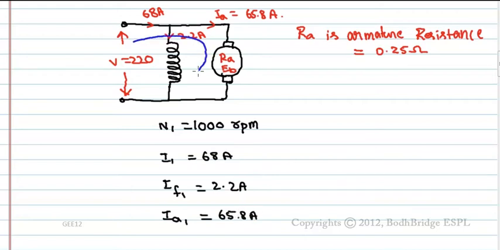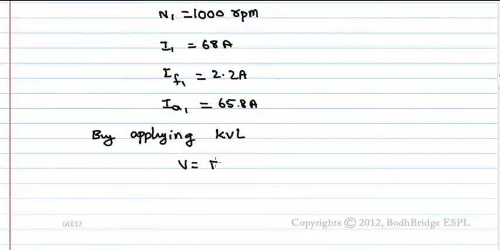By applying KVL to this loop, V equals EB1 plus IA1 into RA. From this, EB1 equals V minus IA1 into RA.